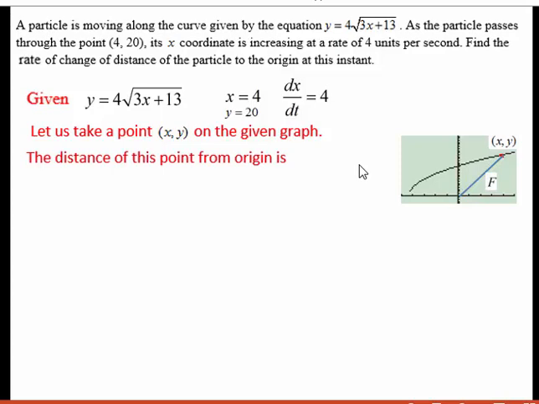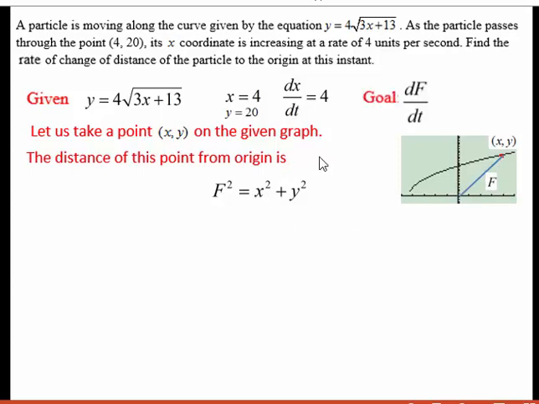You know the distance formula; it actually involves a square root, but when we square both sides, we can eliminate the square root sign. Or you can use a right triangle: this length is x, this is y, and this one is the hypotenuse, so you can easily write this.